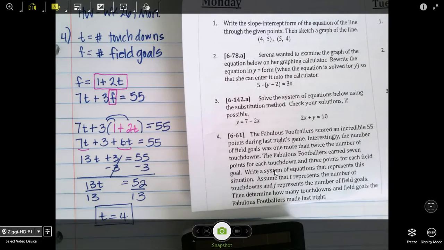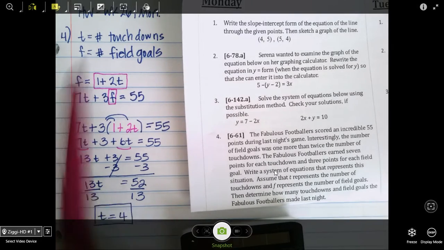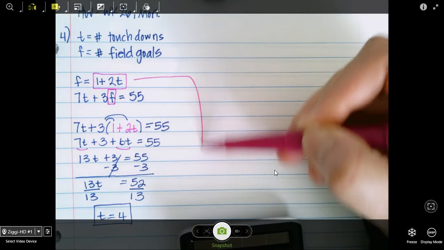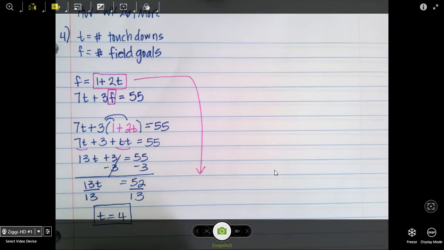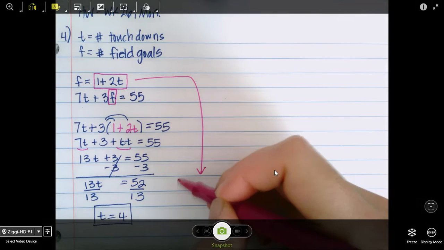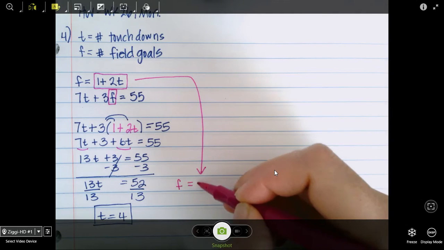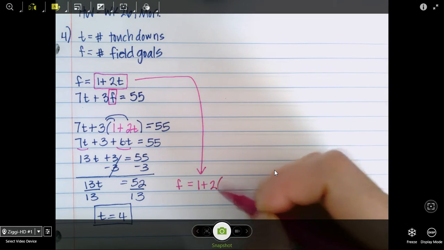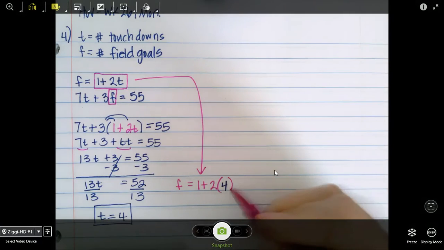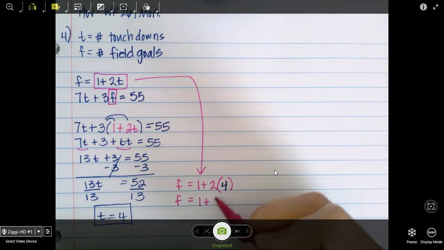And conveniently, we already have the equation set up to solve for f. So I'm going to take this first equation and solve it, because now I know what t is. F equals 1 plus 2 times t, and since t is 4, plugging in the 4, f is equal to 1 plus 2 times 4, which is 8, and f equals 9.